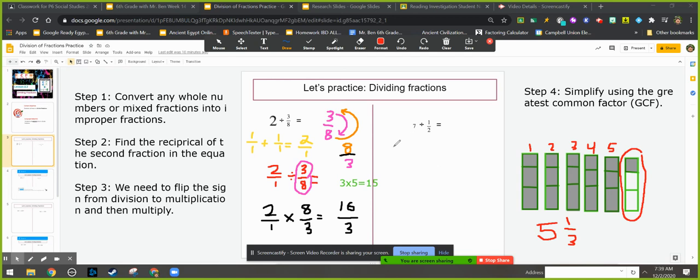So I'm starting off, and I have 7/1. That's step 1. And this is divided by 1/2. So that's our step 1.